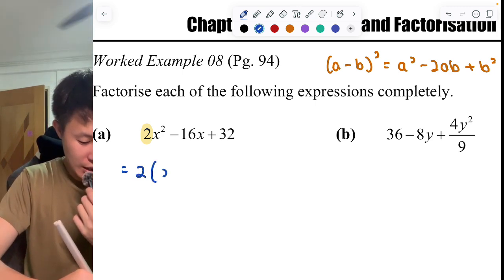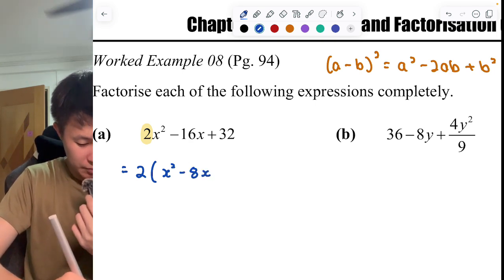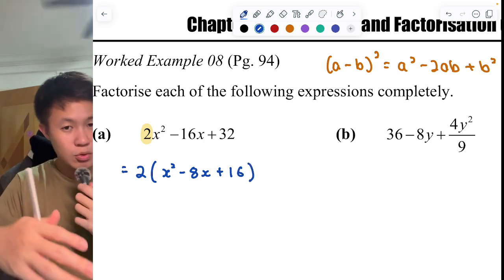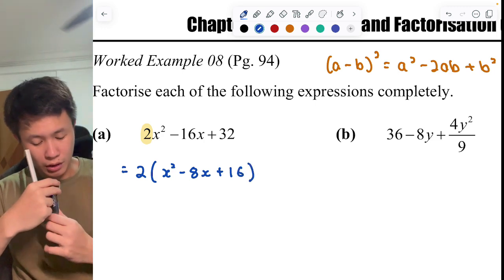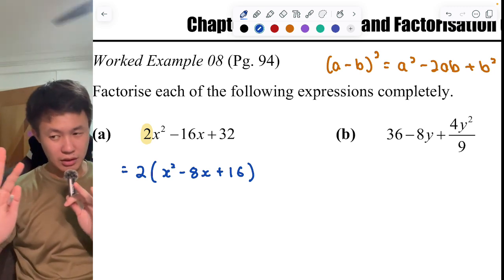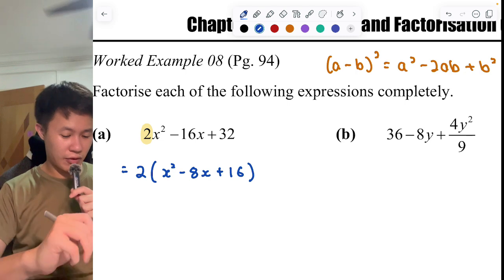So I'm going to factorize 2 out of all of them. Doing this allows me to do some factorization later, and be able to use square root better at an easier level. And what you have here is this factor of 2.